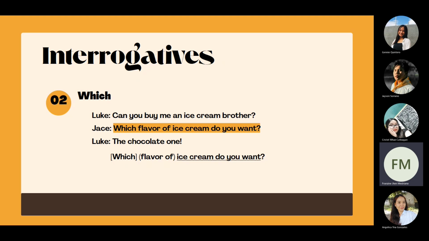Note here that in this situation, interrogative determiner which is the one that we use as both of the speakers know that there are various flavors of ice cream that they may choose from. With the syntactic environment application, which is our determiner, flavor of are our noun and preposition. The ice cream do you want are underlined as it makes the structure complete. Next example, please.